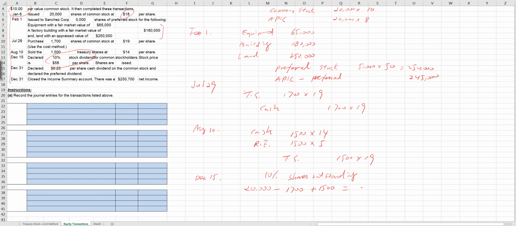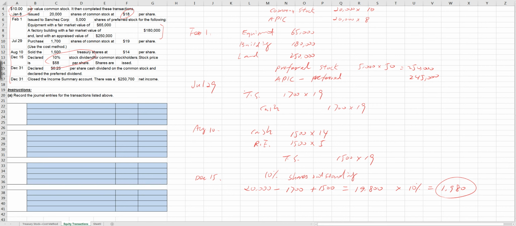Therefore, if we do the calculation, we should have 19,800 shares outstanding. And we're going to issue 10% on that. So we're going to issue new shares, 1,980 shares.